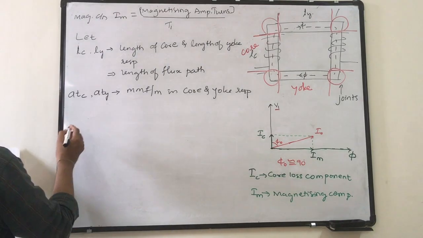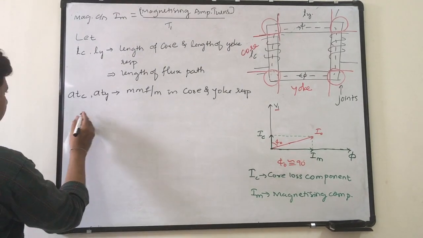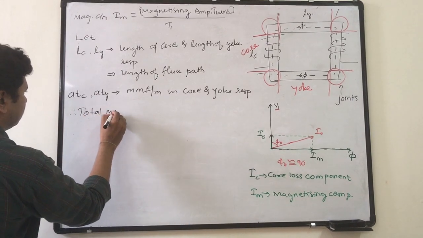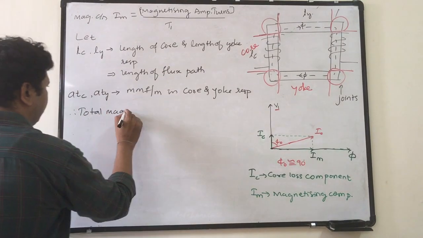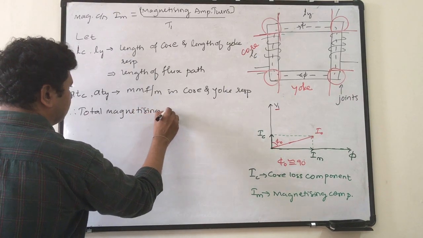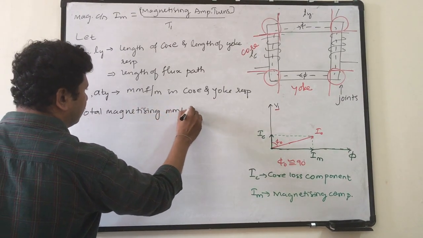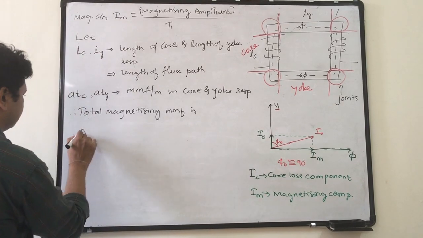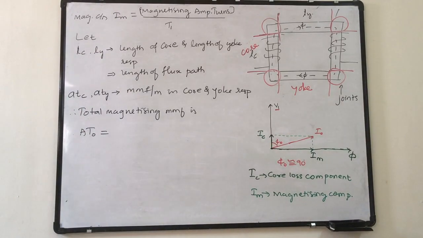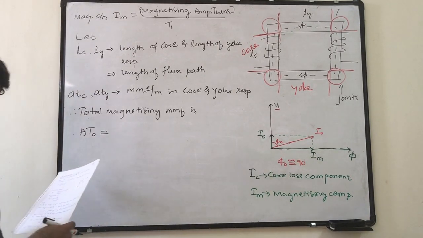Therefore, the total magnetizing MMF: AT1 is primary MMF, AT2 is secondary MMF, AT naught is magnetizing MMF.